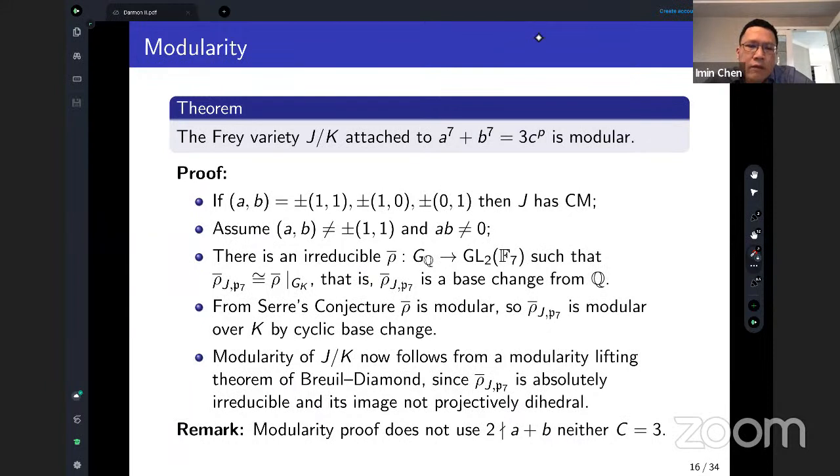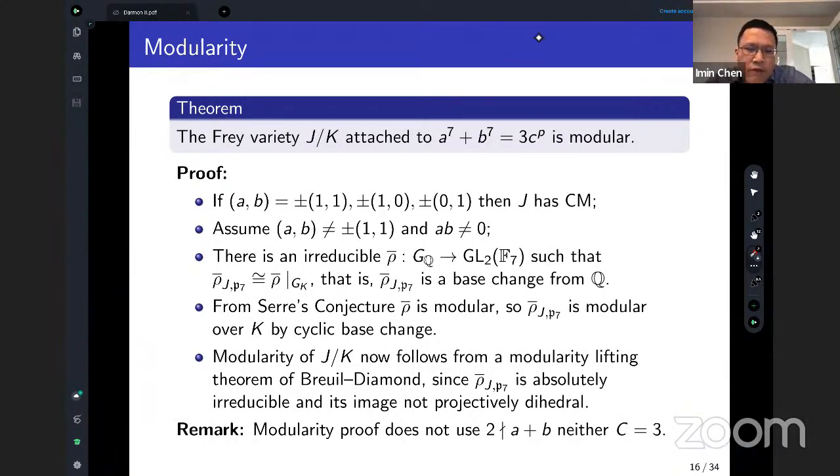and using Serre's conjecture, the modularity of elliptic curves, we have that the representation of GQ is modular. Hence, using cyclic base change, the residual representation that we want to lift is modular over K. And then we apply the lifting theorem of Breuil and Diamond.